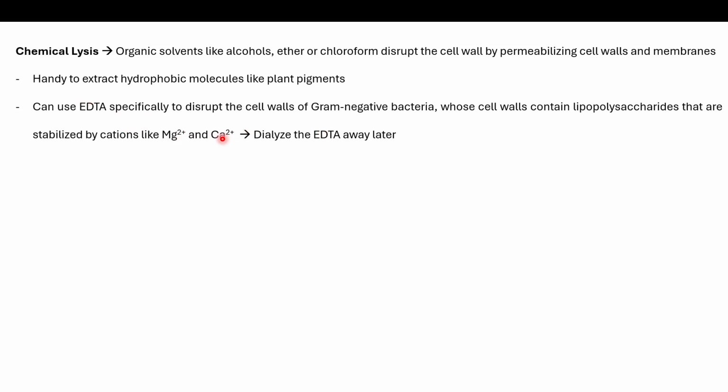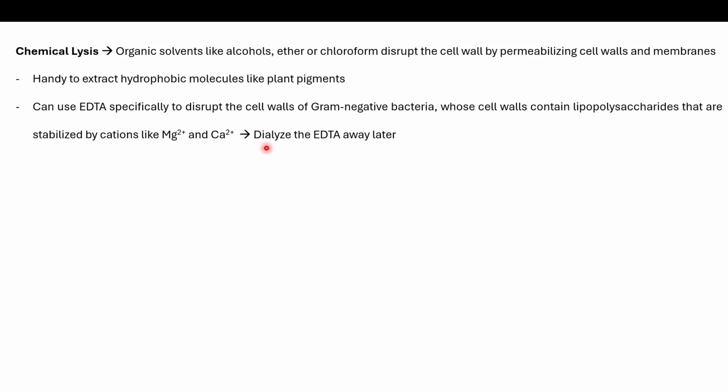then the cell wall can be broken loose. But for downstream processes, suppose you want to give any enzymatic treatment, many enzymes require these metallic ions for their functioning.